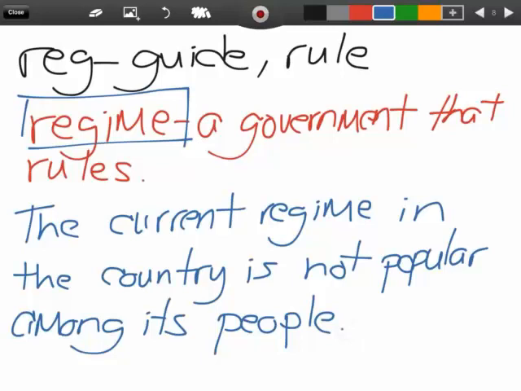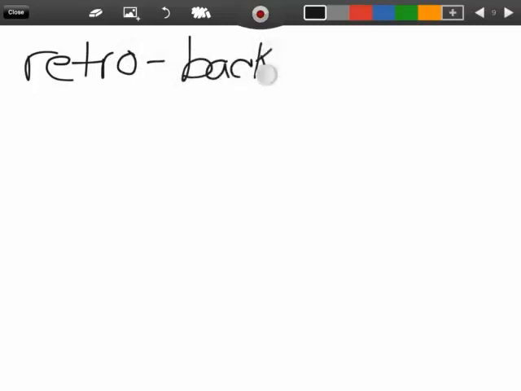The current regime in the country is not popular among its people. Moving on to our next root is retro. And retro means backward. And back.